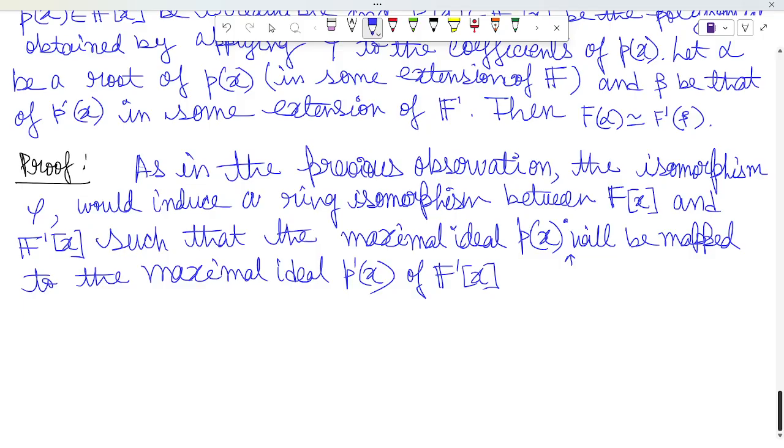That we know, that is by the previous isomorphism. So there is another isomorphism. So as a field, they are isomorphic.